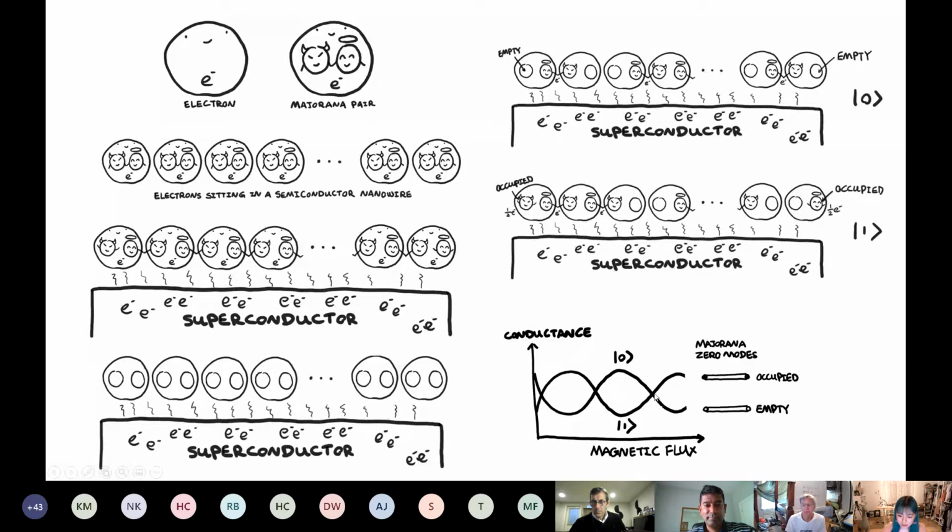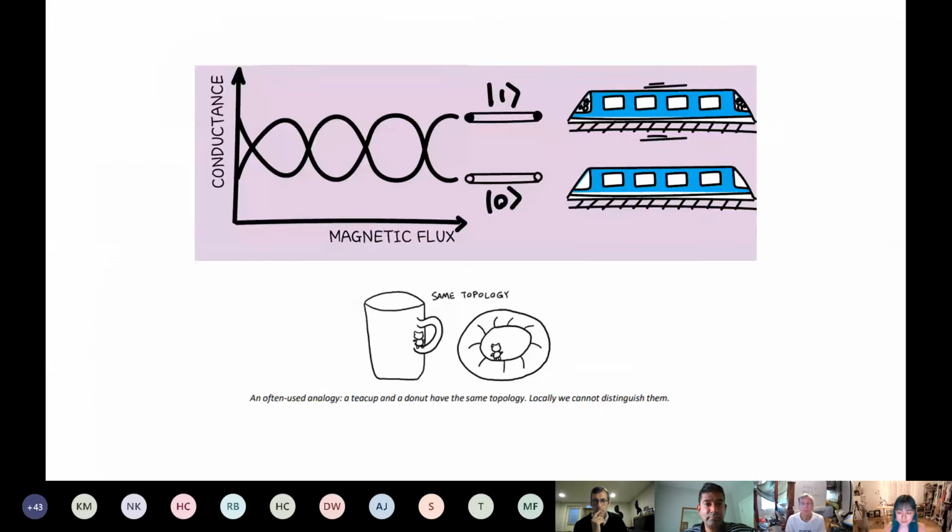When you do a measurement, you see it in the conductance. So then you can manipulate to have these two in superposition. And here, interestingly, the energy for these two states is actually exactly the same. They're just differing by this configuration. And this way, you can even use the two states as your qubit 0 and 1.